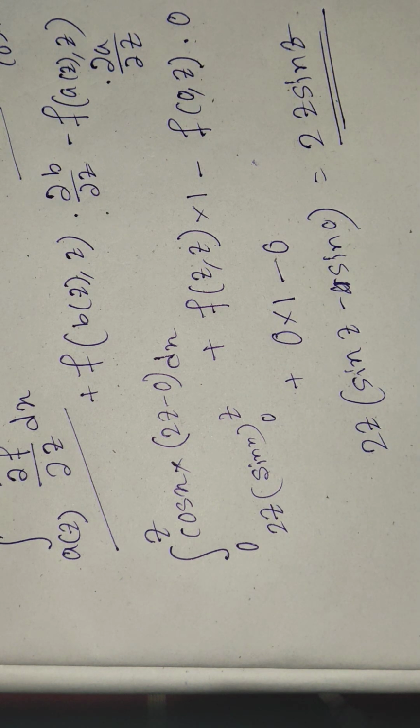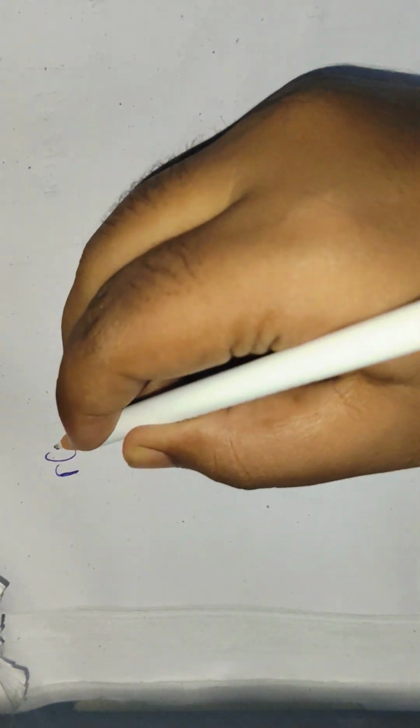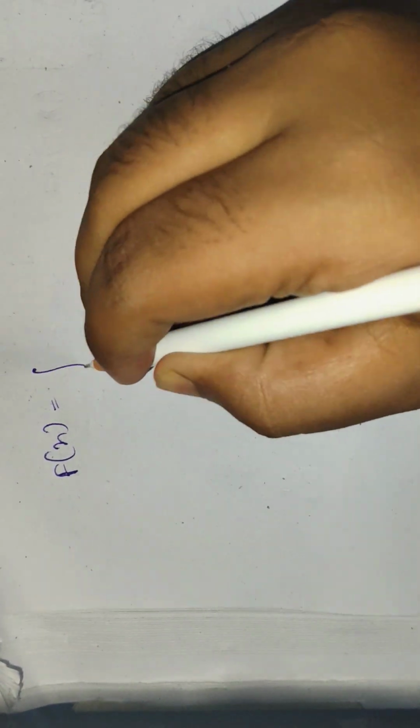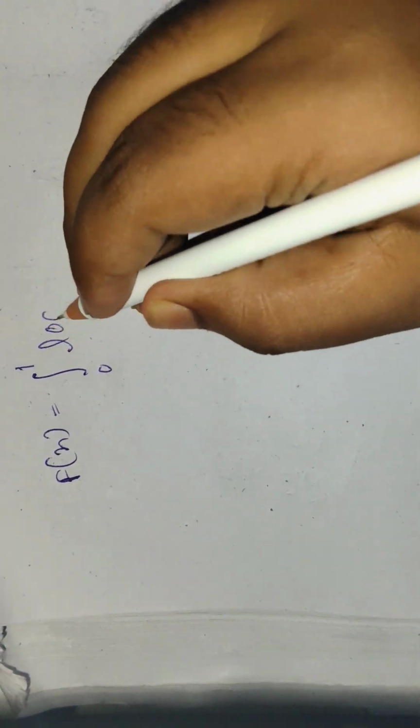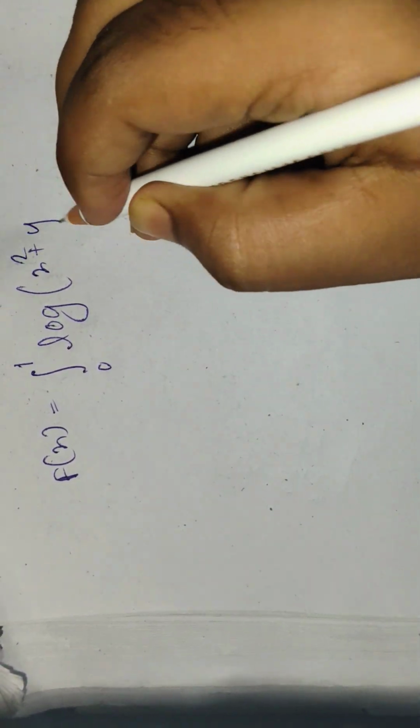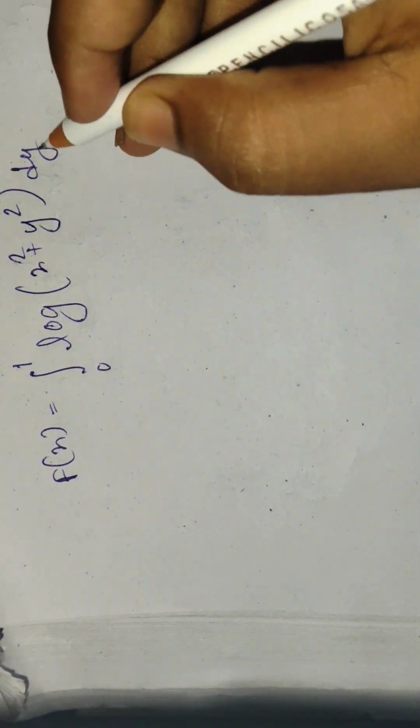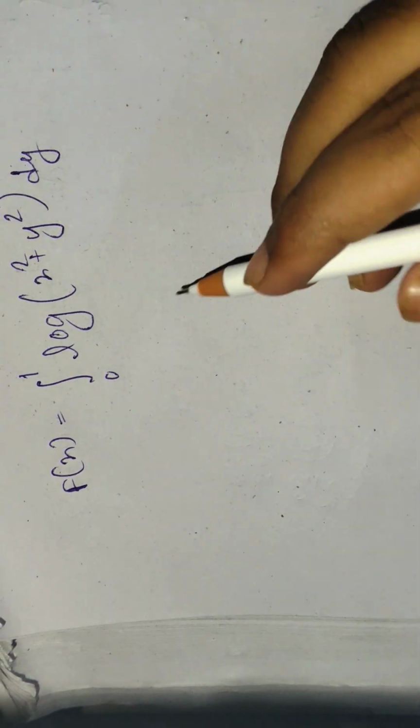So this is a question, and let's move on to another question. In that question, the given f(x) is the integral from 0 to 1, so the upper limit is 1, of log of (x squared plus y squared) into dy. It's a very easy question.